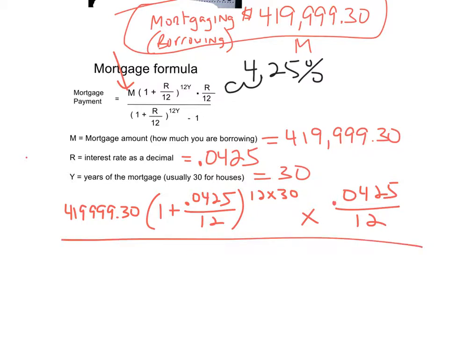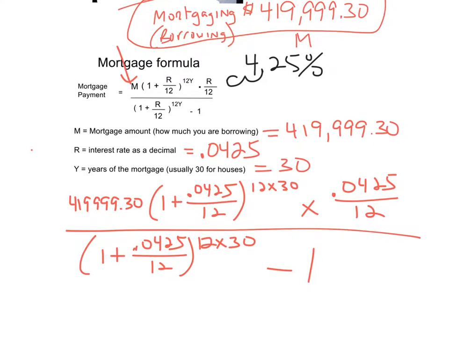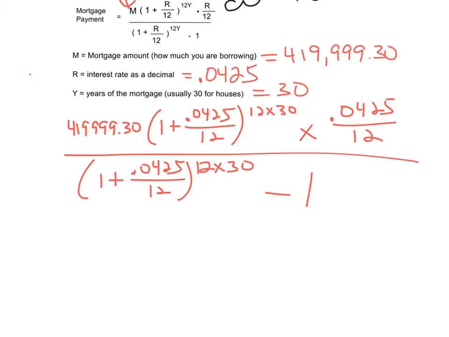All over again the parentheses, 1 plus R, 0.0425 over 12. Close parentheses, raised to the 12y, 12 times 30th power. Take away the number 1. So those are the values we're going to be plugging into our mortgage formula. And take a minute, enter those values into your mortgage formula to figure out your monthly mortgage payment.